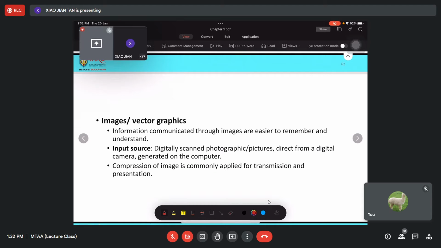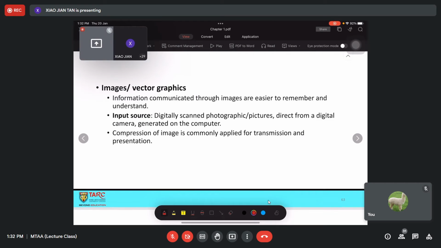Image, vector graphics. Information communicated through images is easier to remember and understand. Input sources include digitally scanned photographic pictures, pictures direct from a digital camera, or images generated on a computer. Compression of images is commonly applied for transmission and presentation.